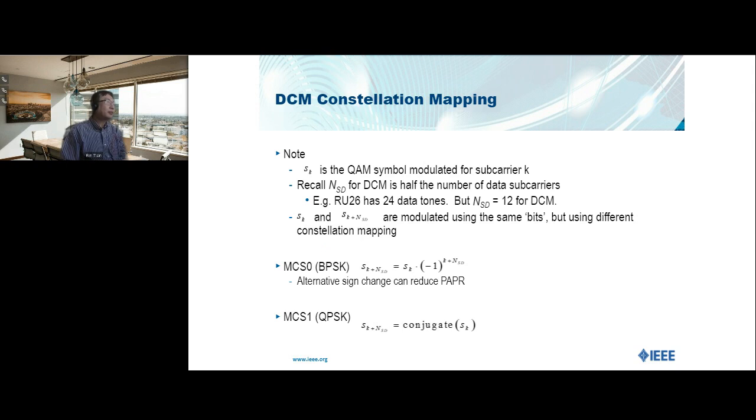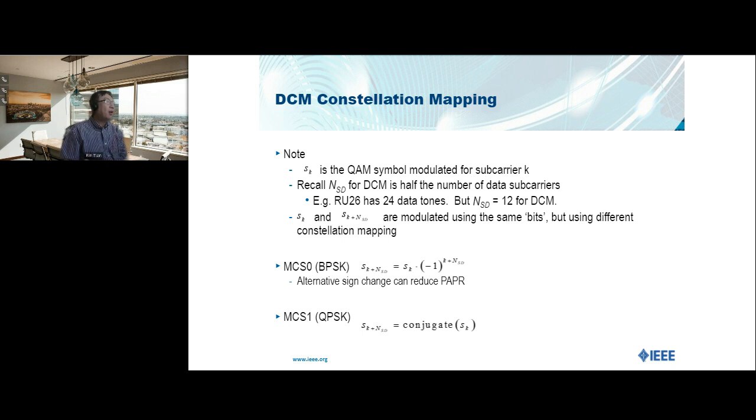So DCM, as we said, has two parts. The first one, the duplication part, is easy. You duplicate the content of one subcarrier or tone to a different tone. Then in order to get diversity, you want to change the next tone slightly.